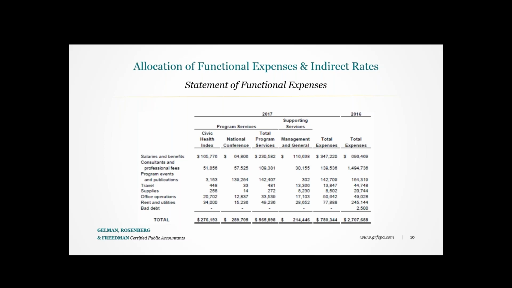So this particular organization has identified that they do two programs in the course of their strategic mission and vision. And then they have a supporting service column that is labeled management and general. And all the costs from here are presented above the line and are directly identified within the categories.